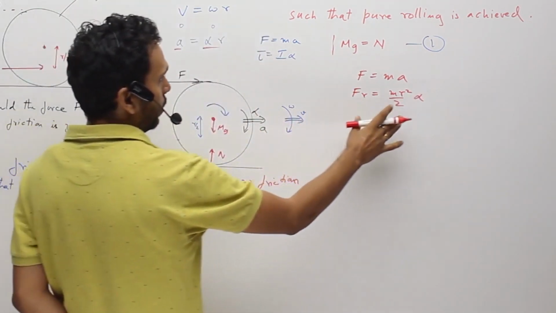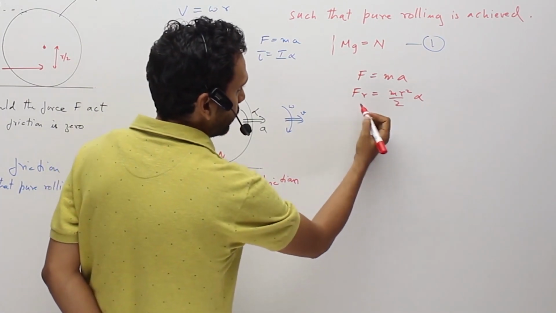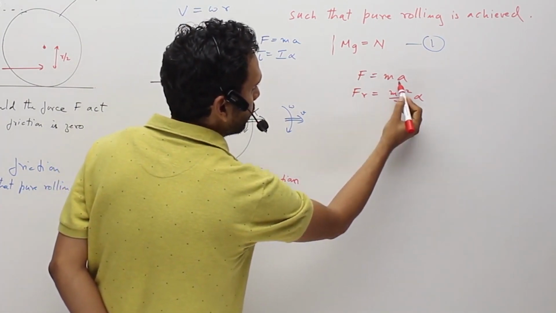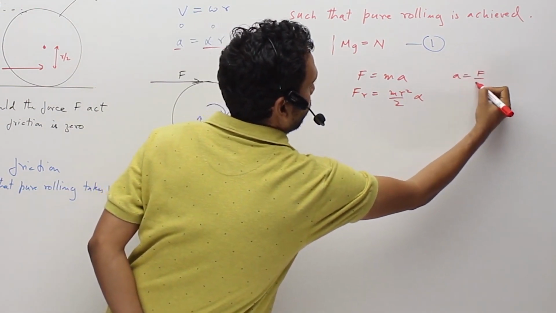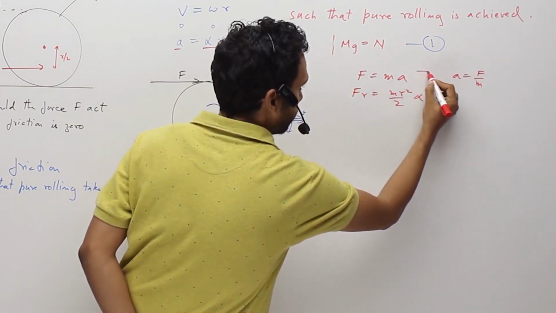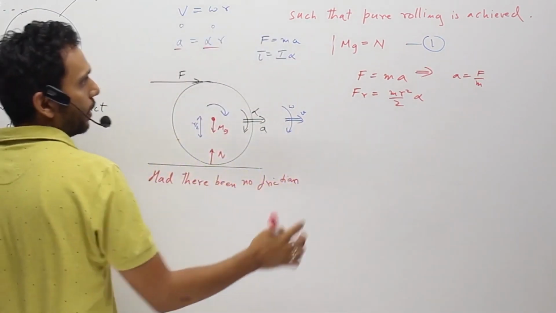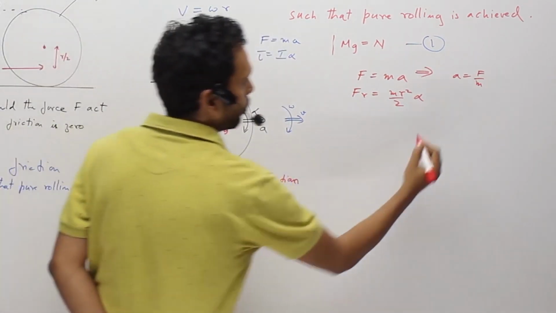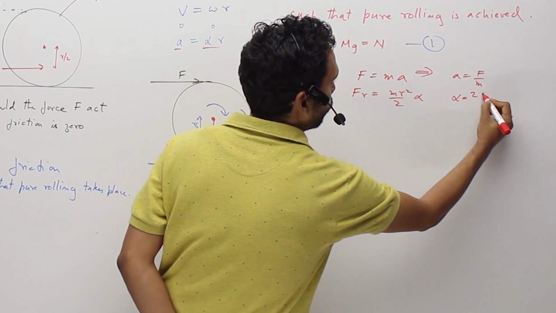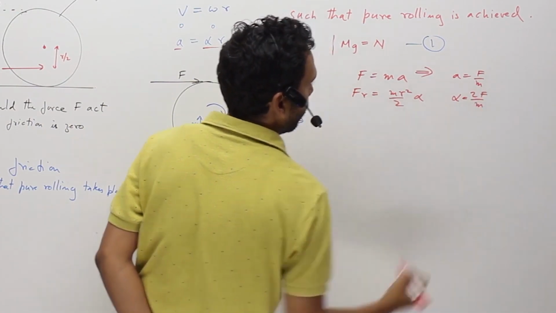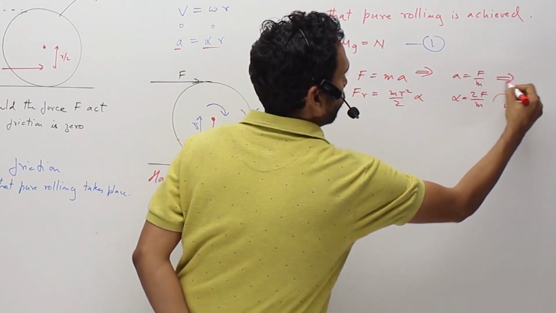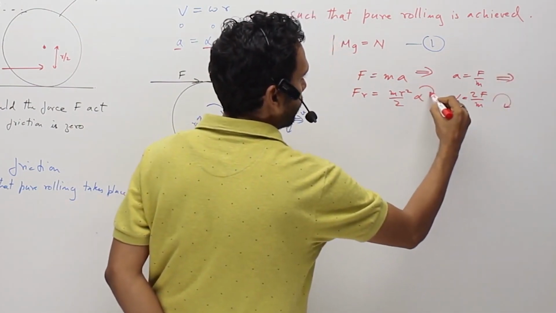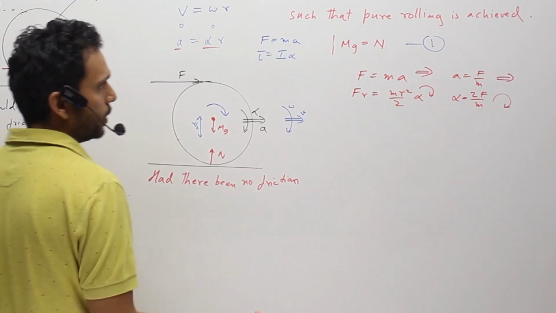Now, does the alpha match A? Let's see. So from here, your A is equal to F by m in the forward direction, and from here alpha is equal to 2 times F by m in the clockwise direction.